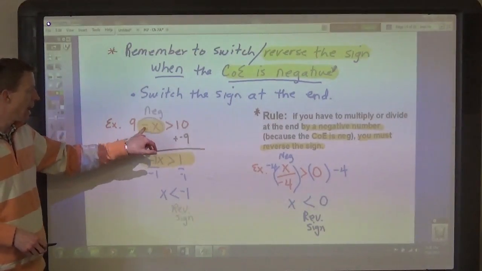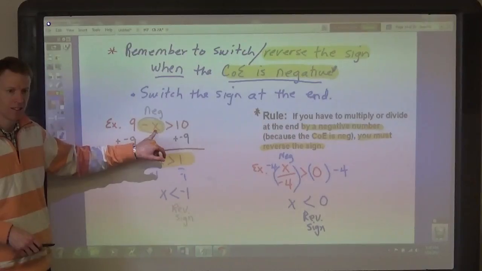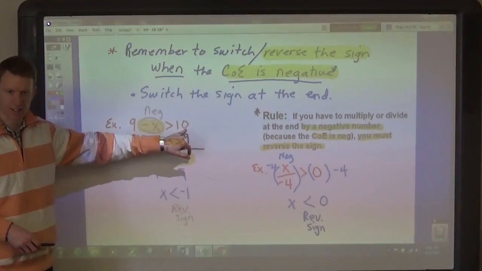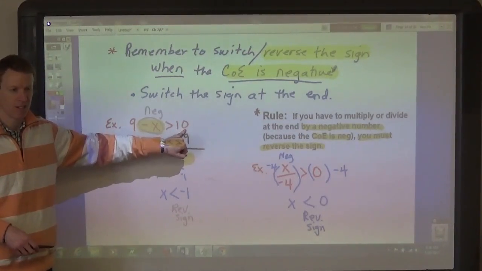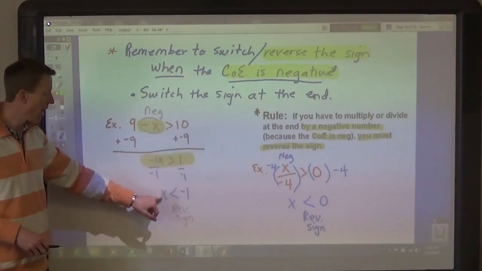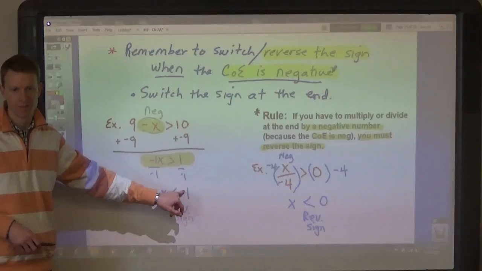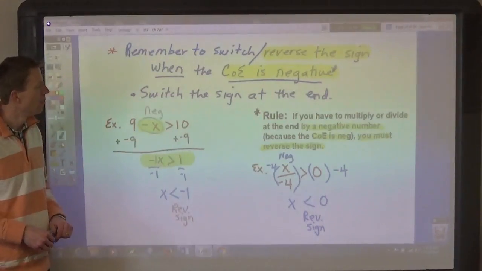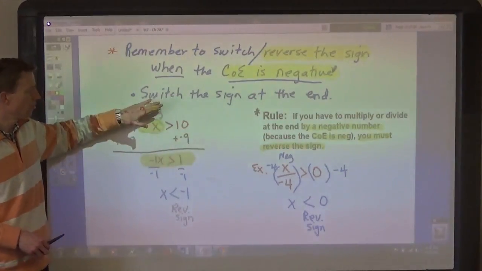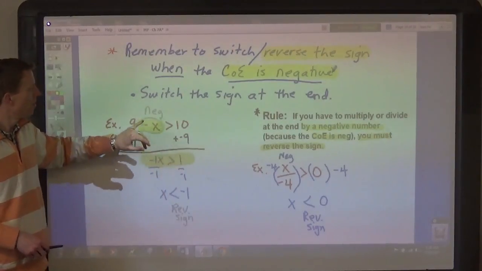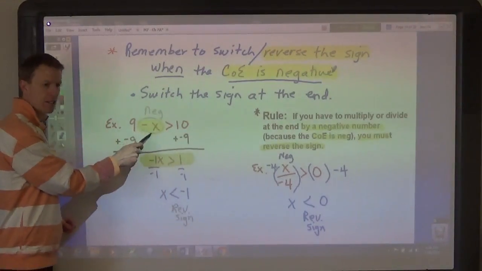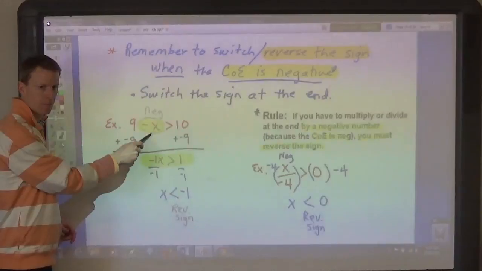Basically, since the opposite of x will be greater than this number, then the positive x will be less than that. So you have to reverse the sign whenever the coefficient is negative.